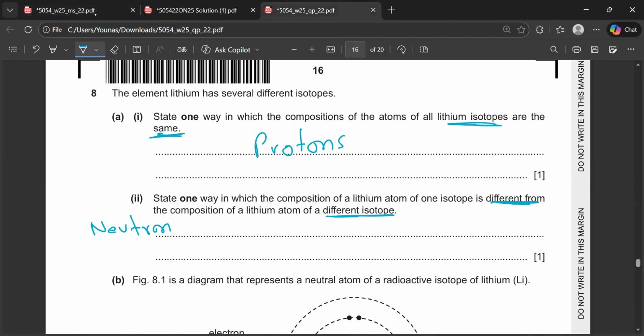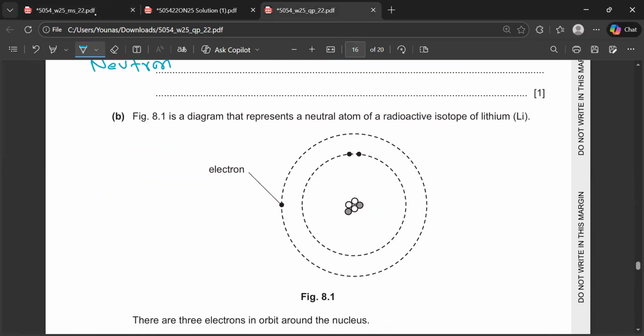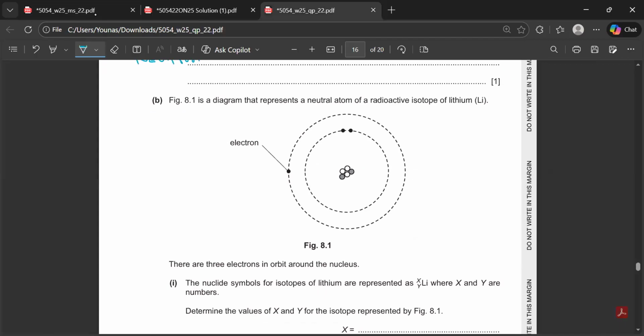Okay. So then we have the next question. If you look at this, figure 8.1 is the B part of question number 8. Figure 8.1 is a diagram that represents a neutral atom of a radioactive isotope of lithium. So there are electrons, and how many electrons are there? There are 3 electrons. How many protons are there?